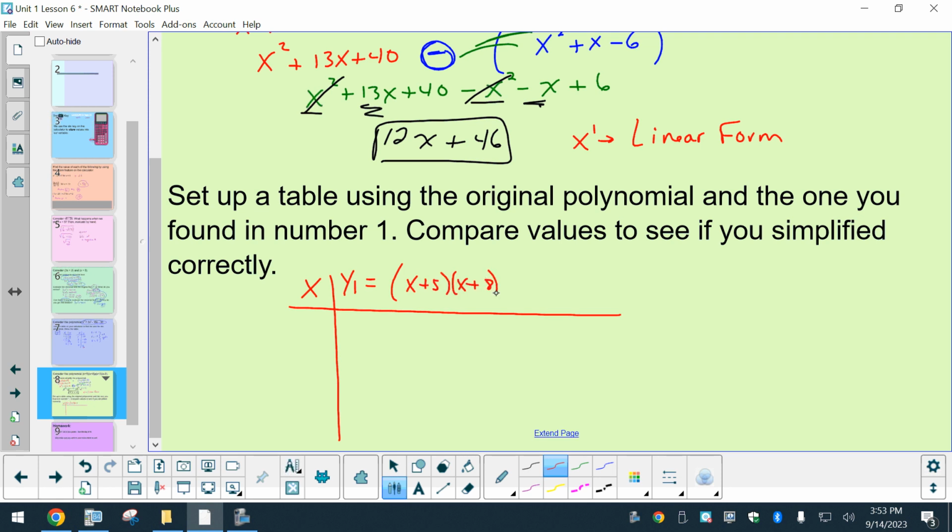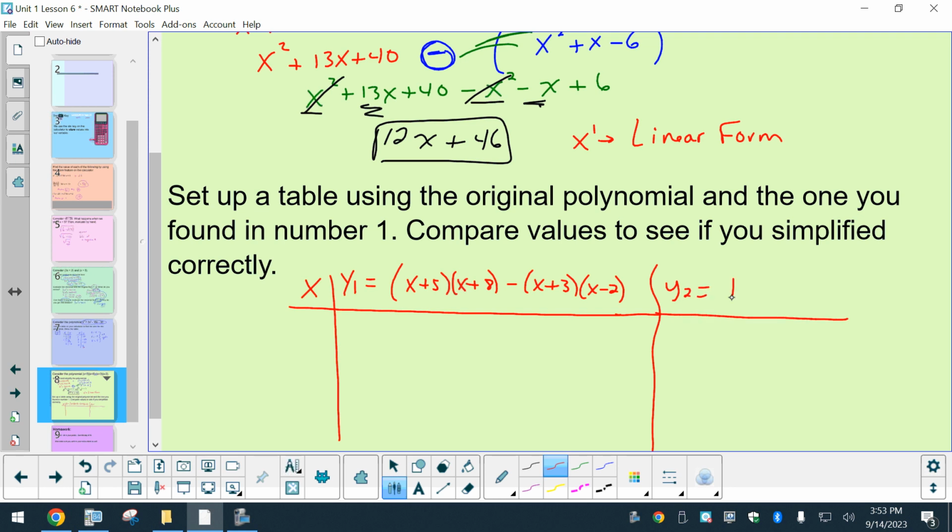And then you'll know if you did it correctly. Okay, so there's the original polynomial. And then in Y2, we're going to put the other one. Then we'll just pick some values. We don't have to go crazy. Okay, and let's see what happens.